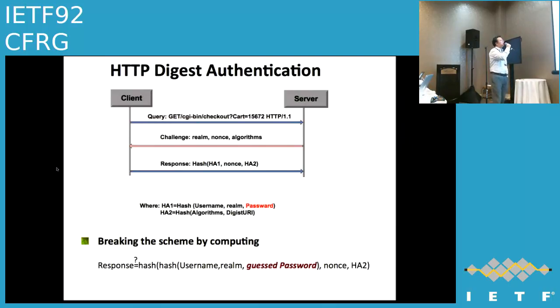The client hashes messages including username, realm, password, algorithm, digest URI, and sends back this response to the server. The server then computes this hash and compares the response.